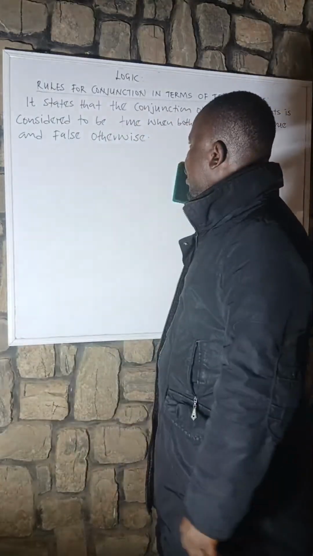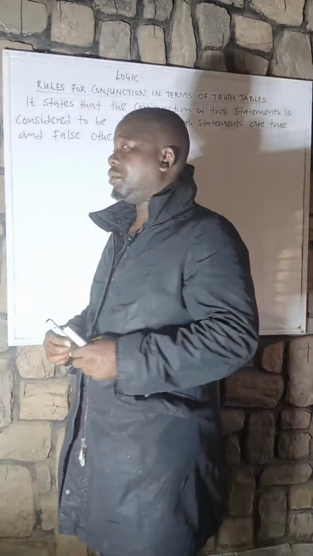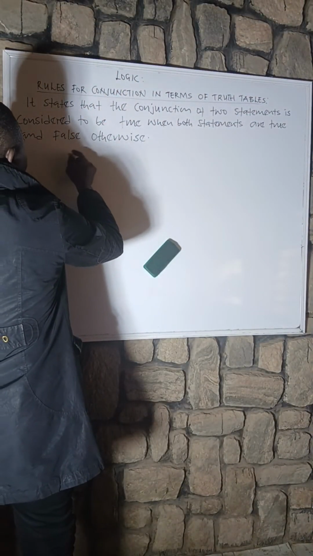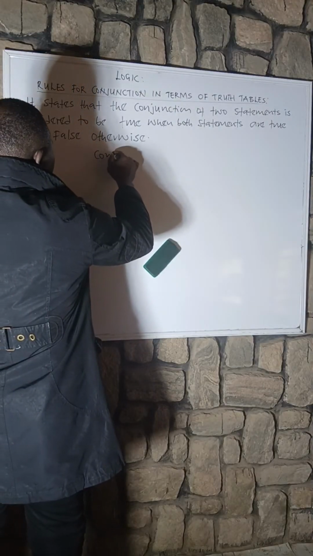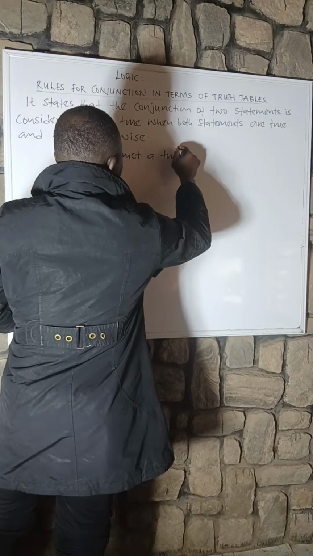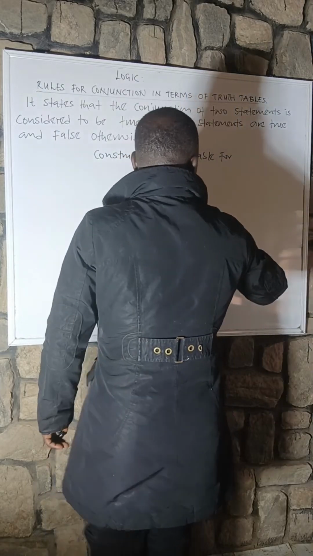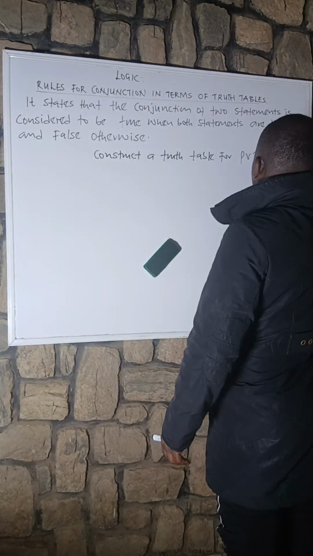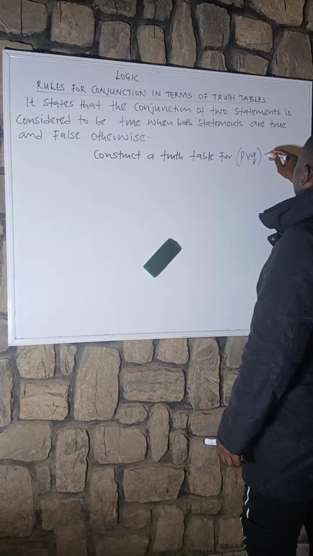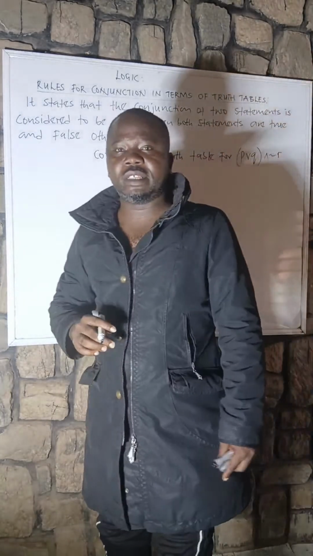Okay, so let's proceed to look at it. Now, for an example, you are asked to construct a truth table for P conjunction Q, all in brackets, disjunction negation R. Yeah, we'll be looking at something of this nature.